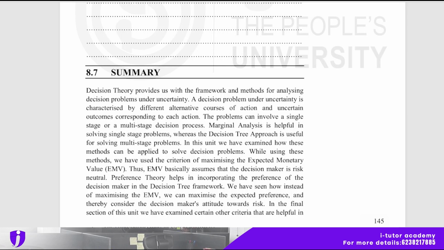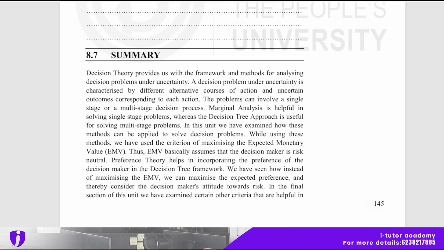In this unit we have examined how these methods can be applied to solve decision problems. While using these methods, we have used the criterion of maximizing the expected monetary value. Thus, EMV basically assumes that the decision maker is risk neutral, and preference theory helps in incorporating the preference of the decision maker in the decision tree framework.